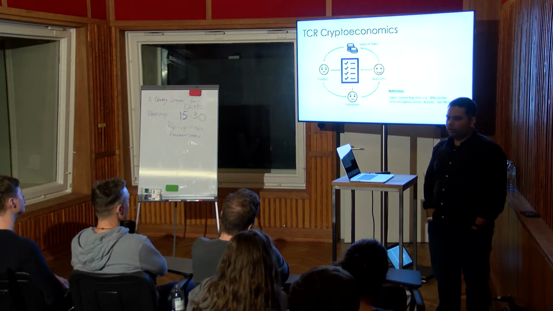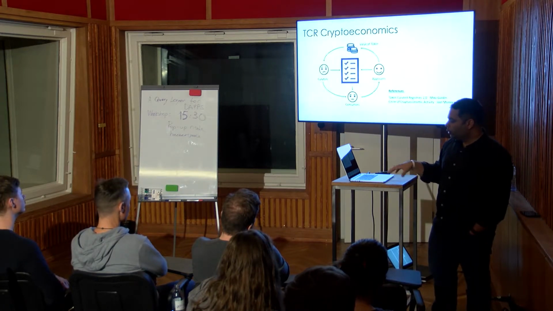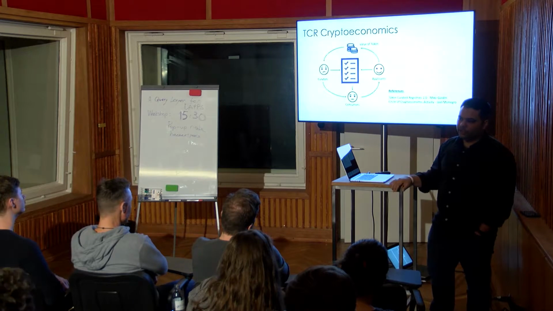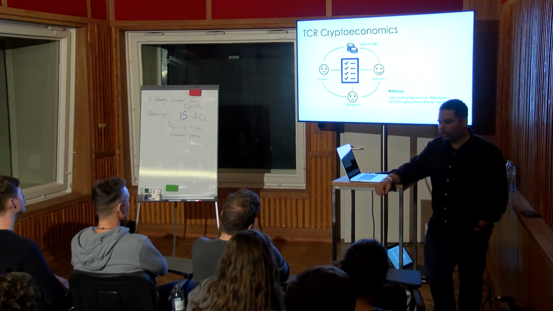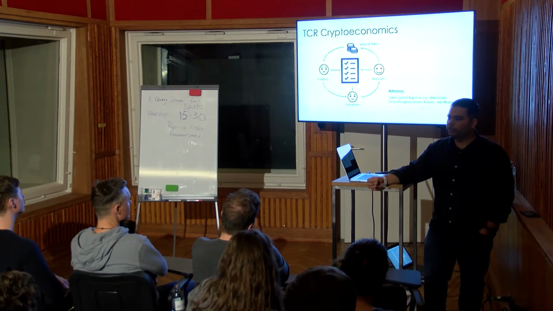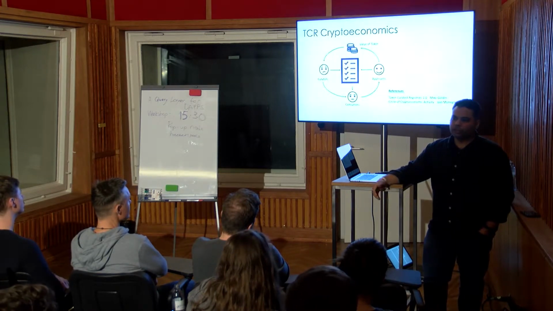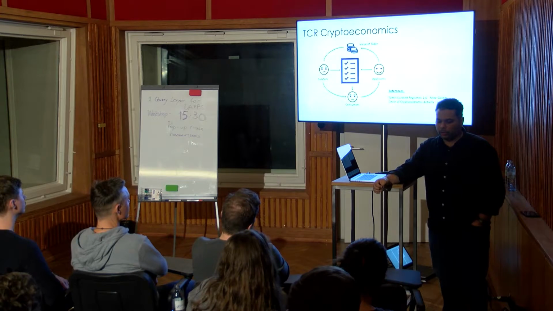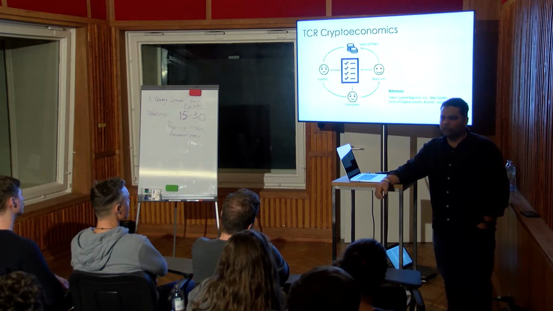Out of these curators there will be voters as well as challengers, but that is the community which will help decide whether an item should be on this list or not. And finally we have consumers, because those are the most important actors in the system, because if nobody is consuming a list, then it's a useless list.